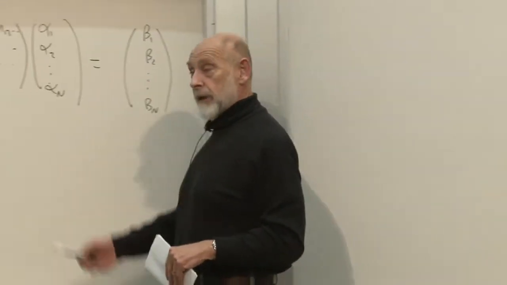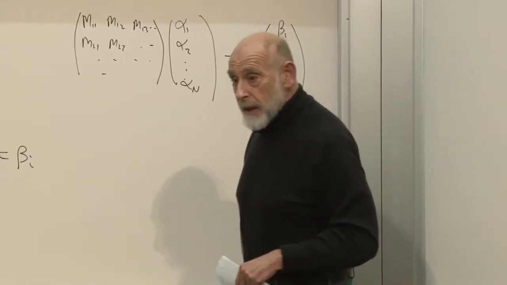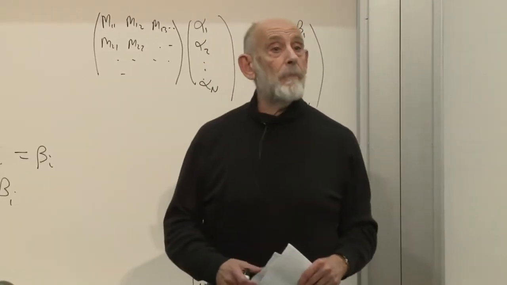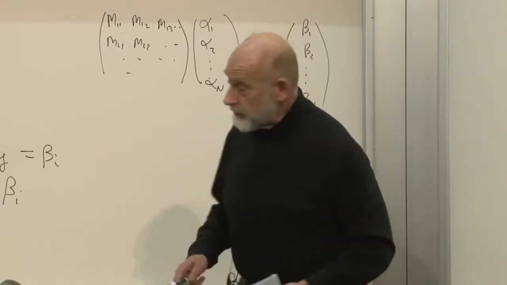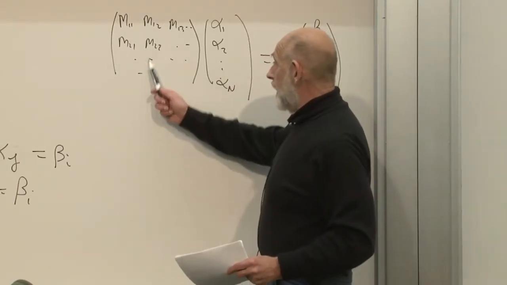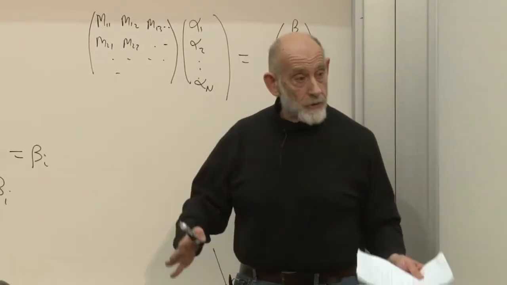This is less abstract. It's concrete. If you know the matrix elements, you know exactly what to do with them. The only thing about it is it does depend on a particular choice of your basis vectors. The specifics of the matrix elements here and the column vector will depend on your choice of basis.